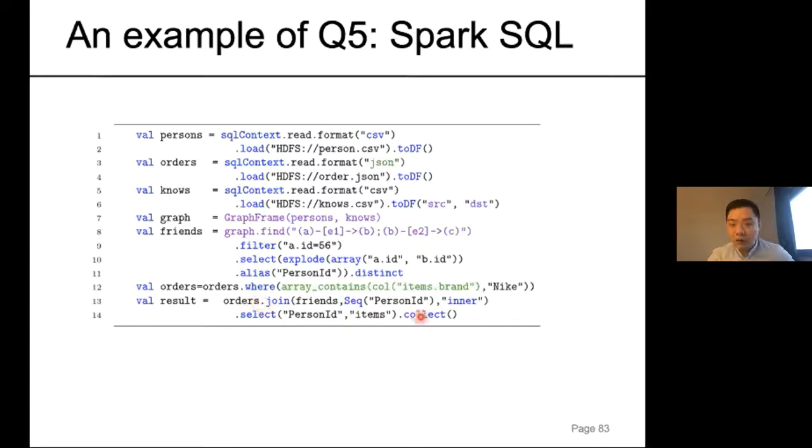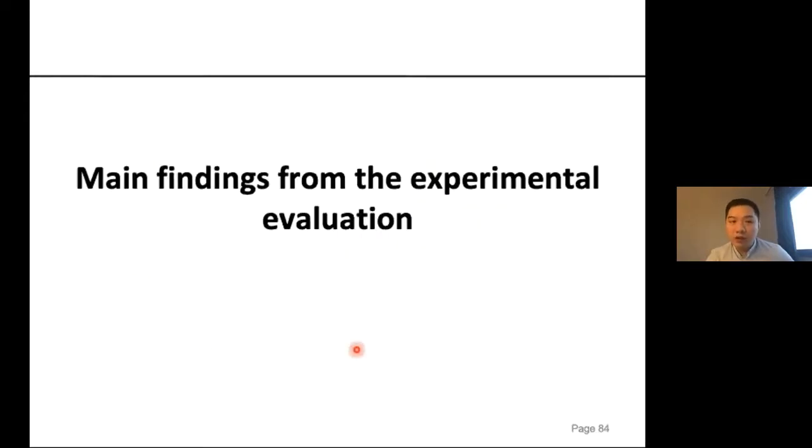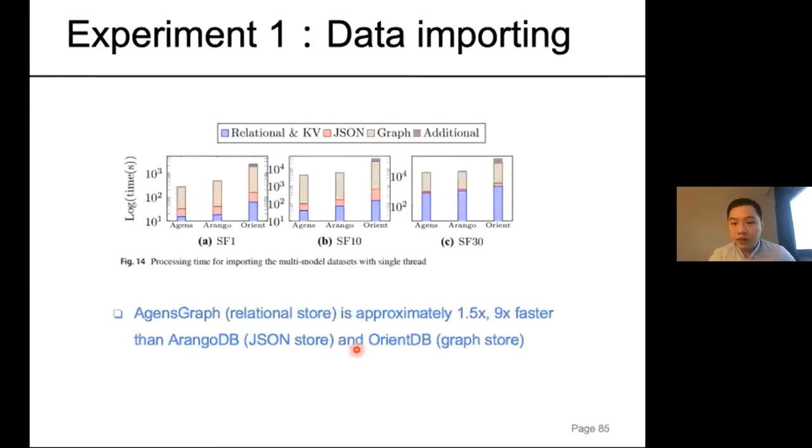Now the experiments from our evaluation. So for the data importing, we compared AgensGraph, ArangoDB, and OrientDB, and we found that for all the data sets, AgensGraph, which is based on a relational store, is roughly 1.5 and 9 times faster than the ArangoDB and the OrientDB.